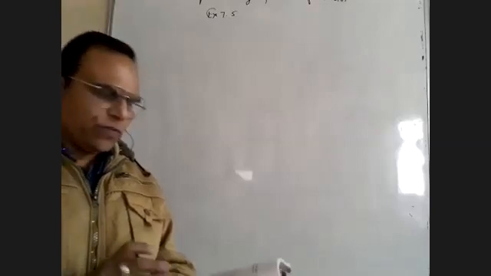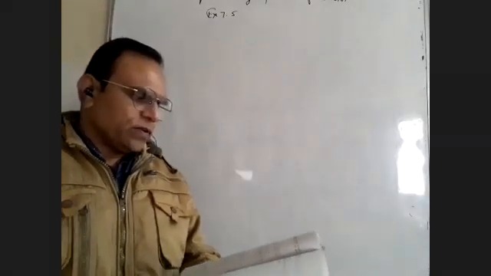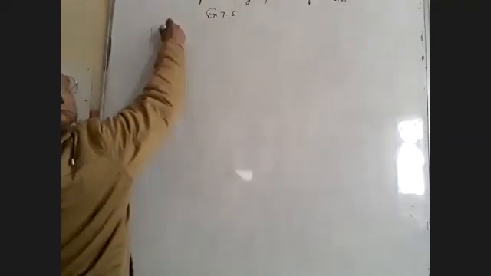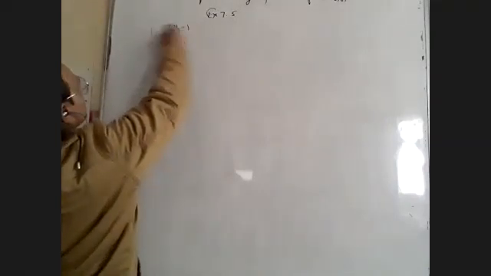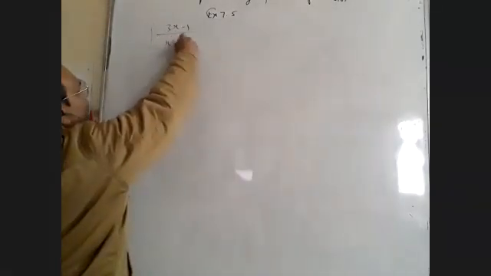In question number 14, just see the question first. 3x minus 1 divided by x plus 2 whole square.